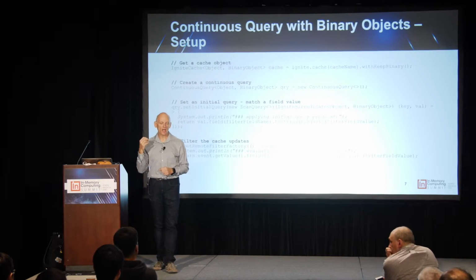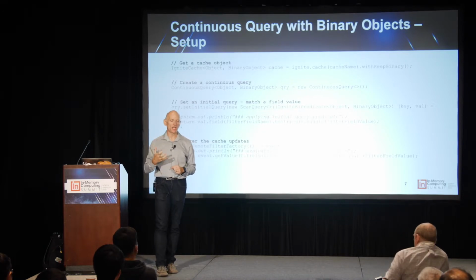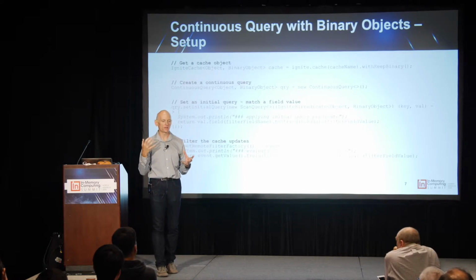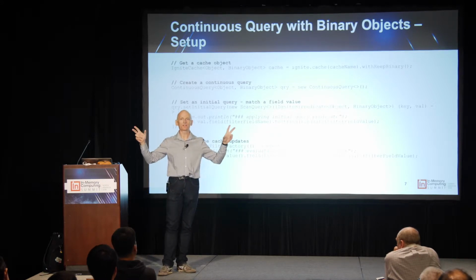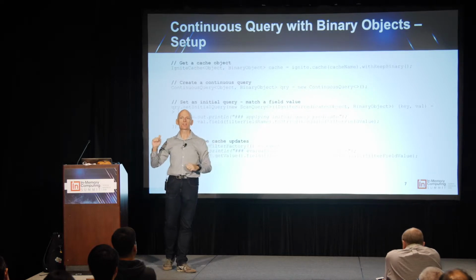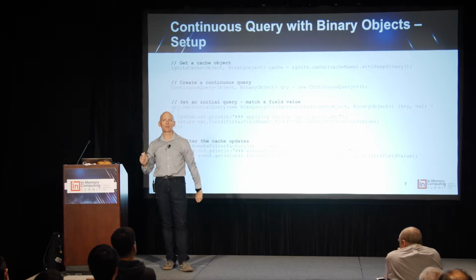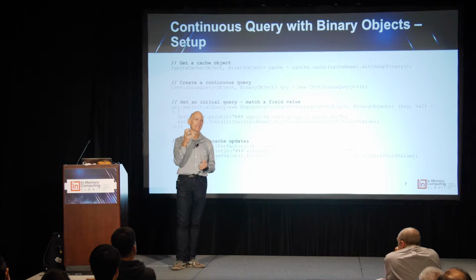And then your application starts, and as things start to change, you need to be able to filter out the changes. OK, you can have like a null filter and say, OK, give me every change that happens in the cache. It's rare that you'll want to do that, because there's likely to be a lot of them. So you can filter those down, and you get this cache event.